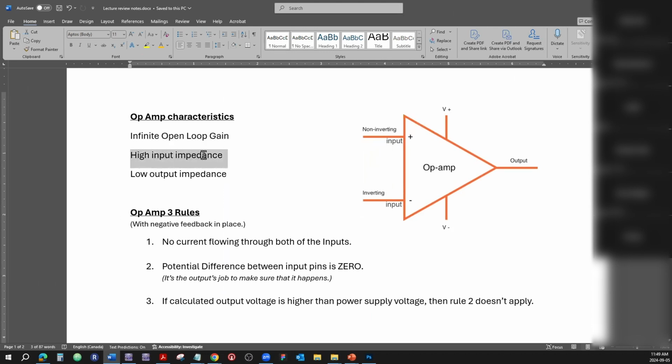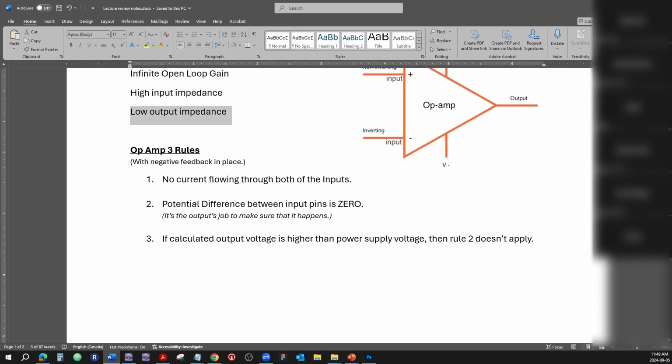They have a high input impedance, so they can sense low signals. And they have a low output impedance, so they can be very efficient in driving the output.